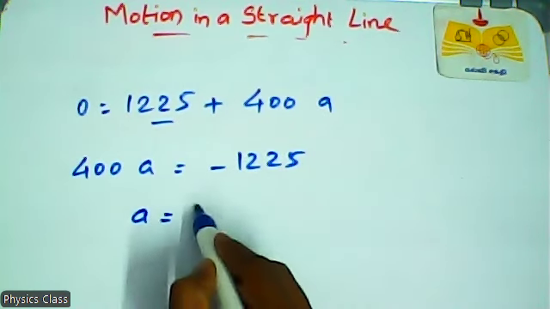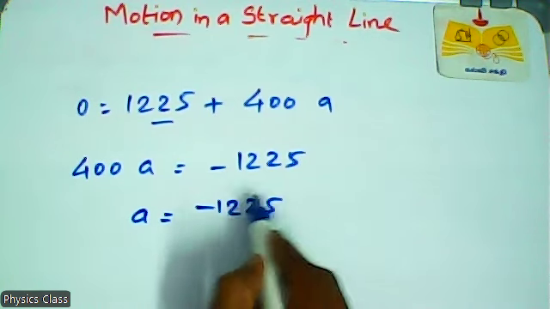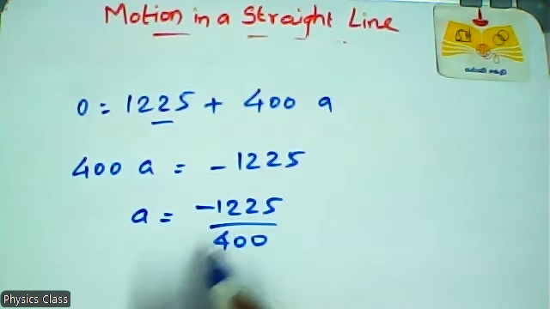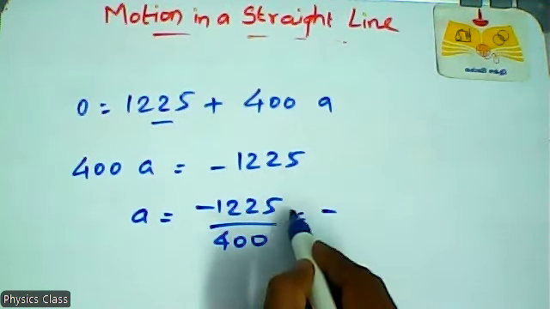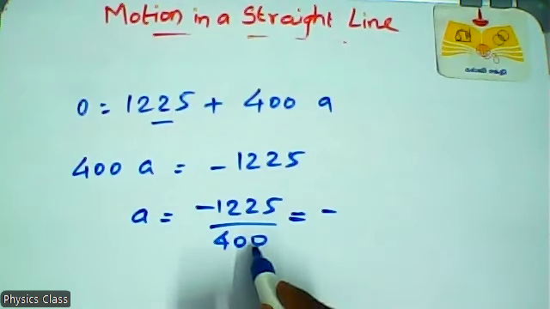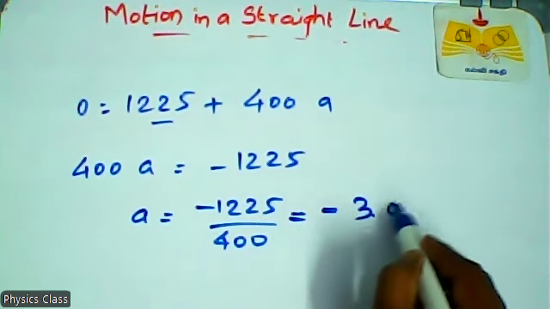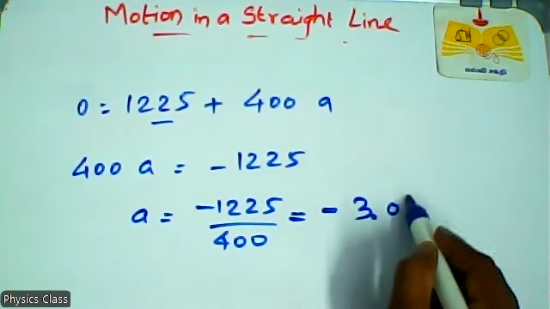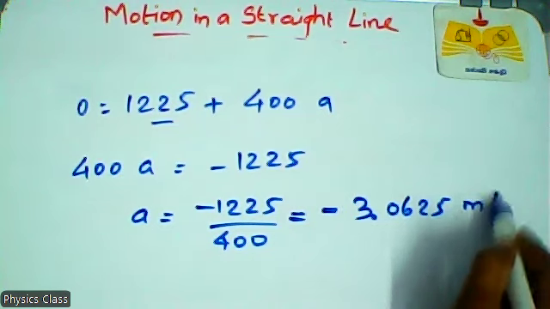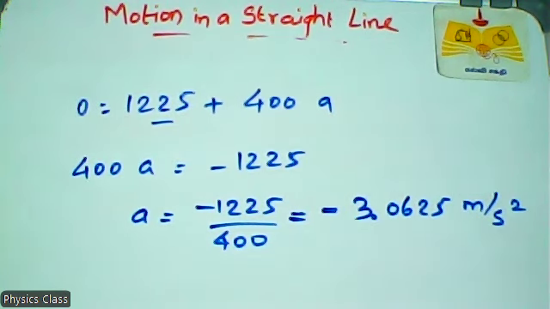So a is minus 1225 by 400. We can divide, and the answer is minus 3.0625 meter per second square. Please check with your own calculation.